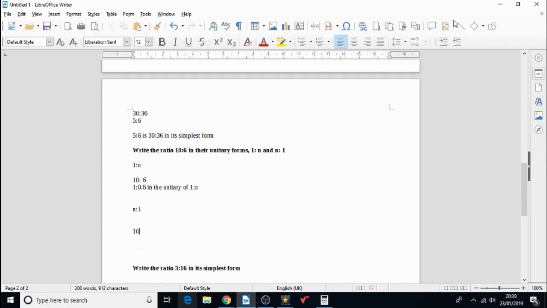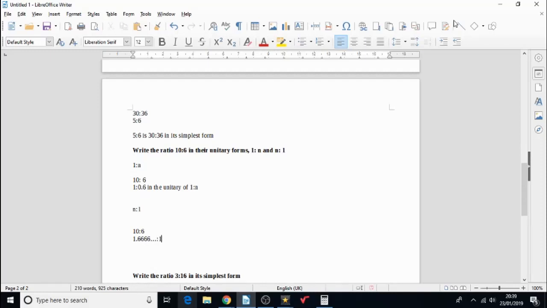And then for n to 1, we have 10 to 6. Whatever you do to 6 to get to 1, you will also do to 10 to get n. So to get 6 to 1, we divide that by 6, and we'll also divide 10 by 6 to get n. So 10 divided by 6 is 1.666 recurring.